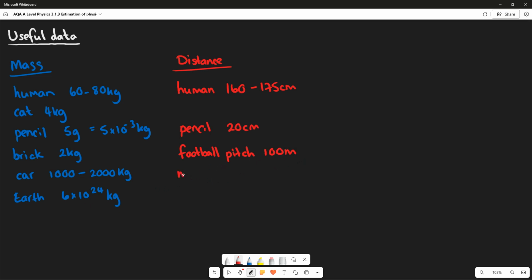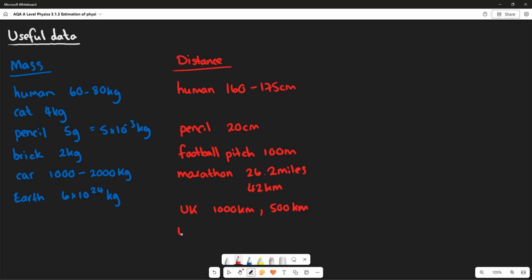Speaking of a race, a marathon is 26.2 miles. That is a very famous number. But what is that in metres? It's about 42 kilometres, or 42,000 metres approximately. The length and height of the UK: the UK is about 1,000 kilometres long from north to south, and about 500 kilometres wide east to west.